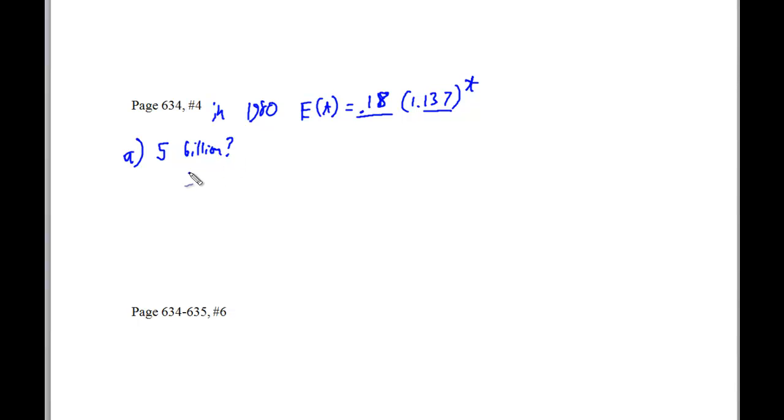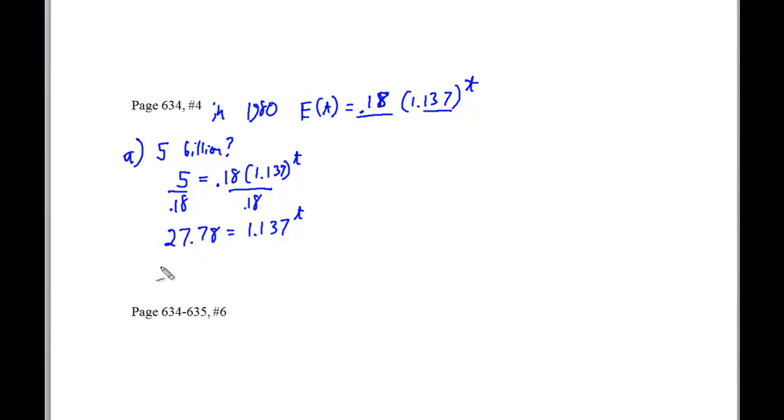So what we're going to do is put 5 in for my answer here, and then type 0.18 times 1.137 raised to the t power. Divide both sides by 0.18, and what we get here is 27.78 is equal to 1.137 to the t power.